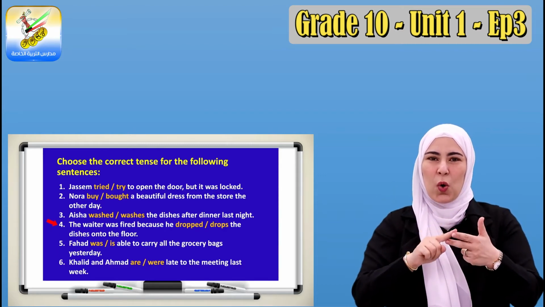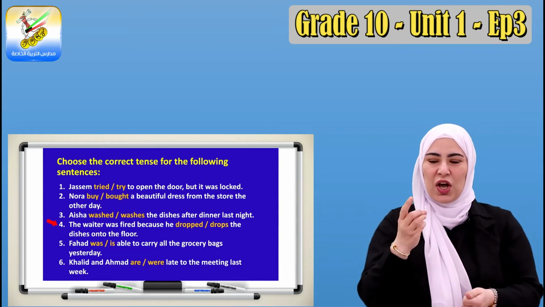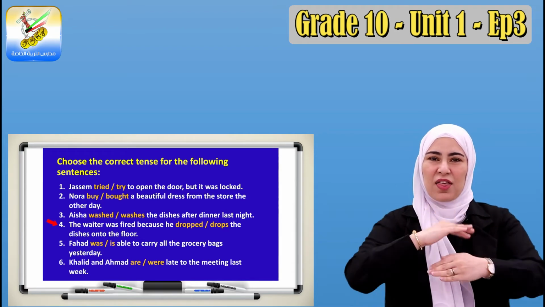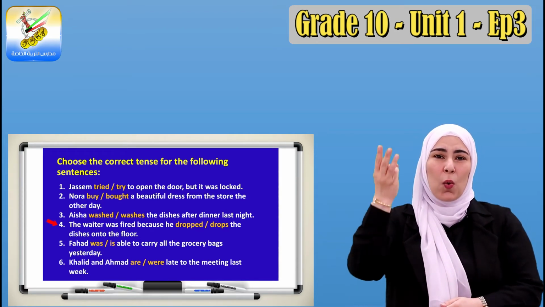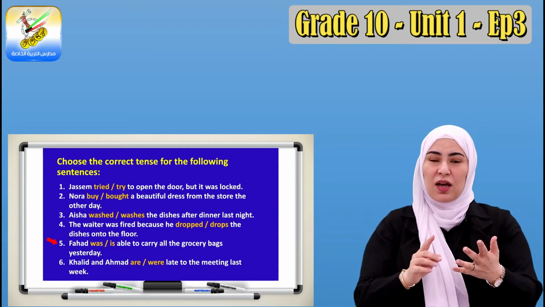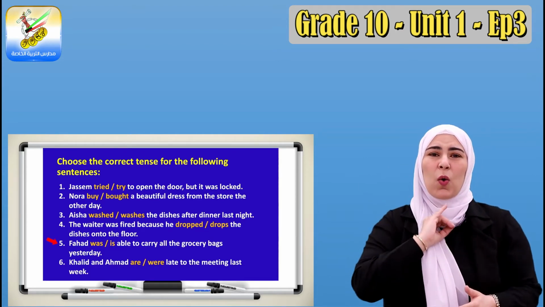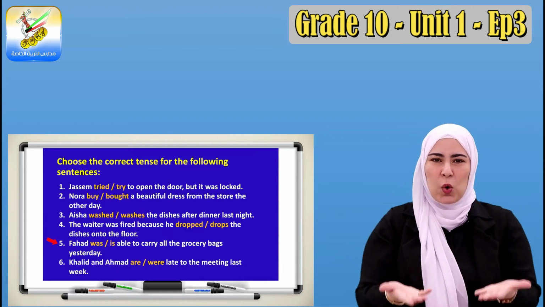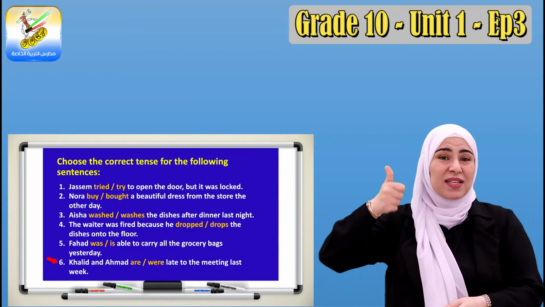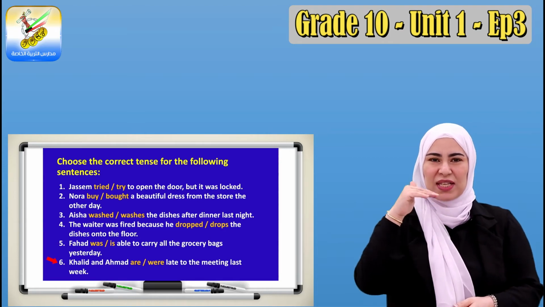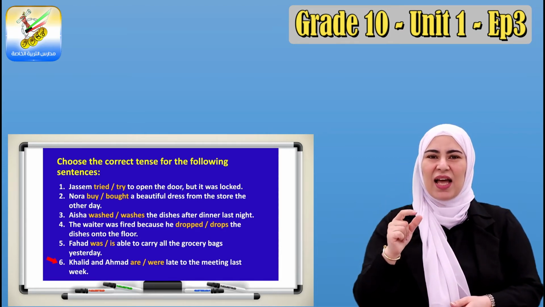The waiter was fired because he dropped or drops the dishes onto the floor. 5. Fahad was or is able to carry all the grocery bags yesterday. 6. Khalid and Ahmed are or were late to the meeting last night.